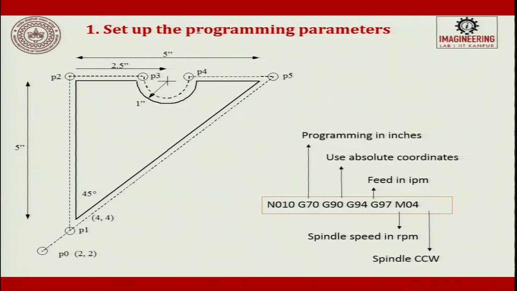First, set up the part programming. In the first block you write N010. The entire program is in inches, G70. We are going to follow absolute, G90. Here the feed is in inches, and then we have spindle speed in RPM, and then we will have the spindle on in the counterclockwise direction.